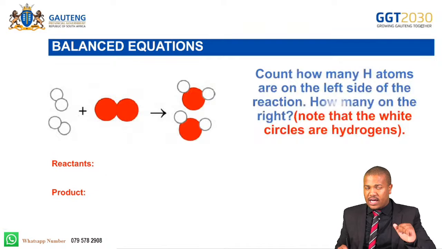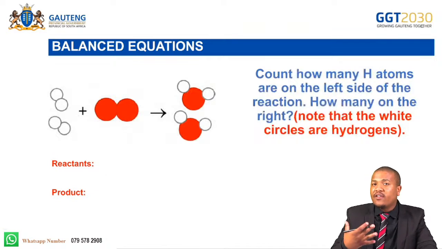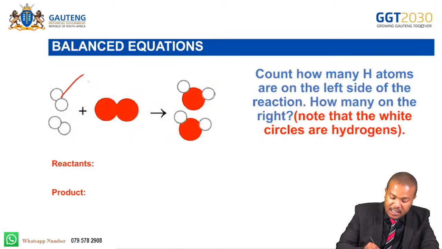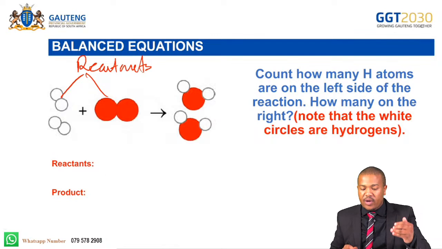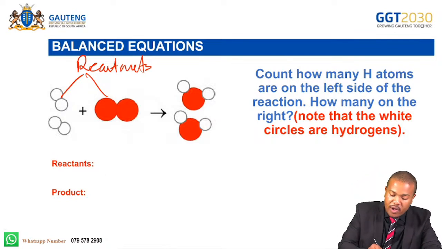So let's count together. We're looking only for hydrogens. How many hydrogens do we have on the reactant side? Remember that these are our reactants. Let's count together. We have 1, 2, 3, 4.